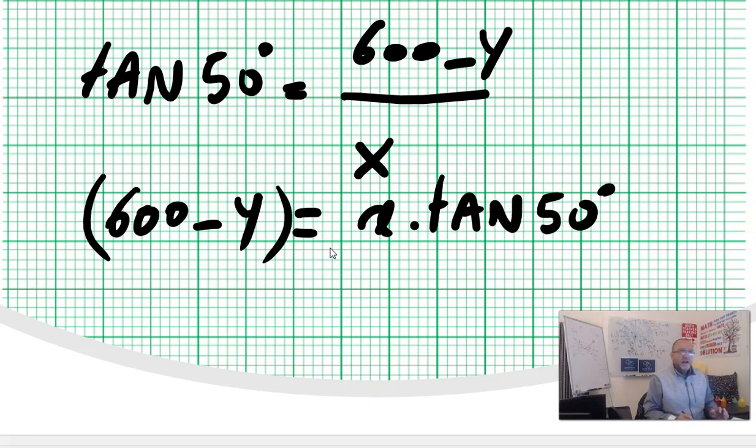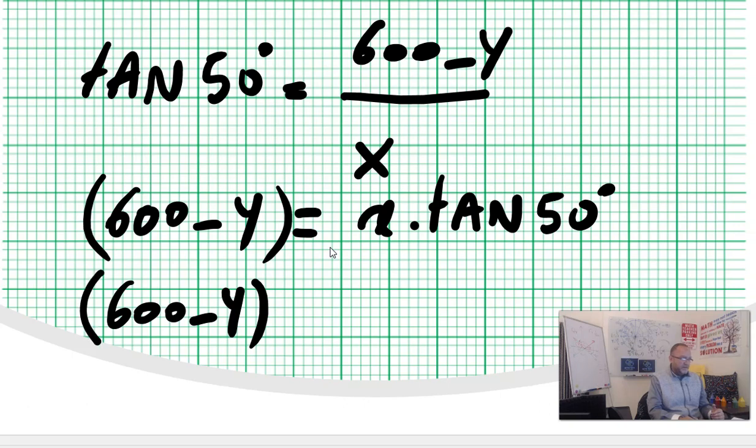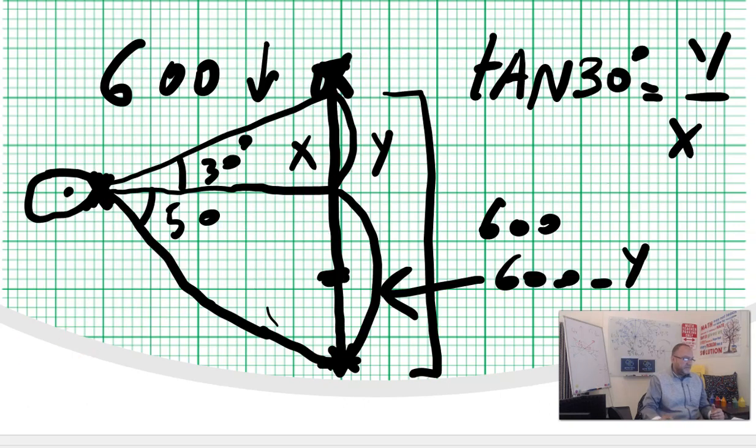Now, 600 is what in this situation? The whole building. So 600 minus y, which is the one right here, gives me this altitude.